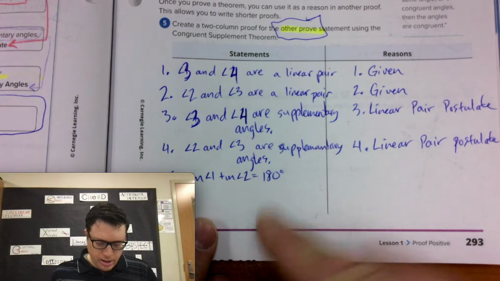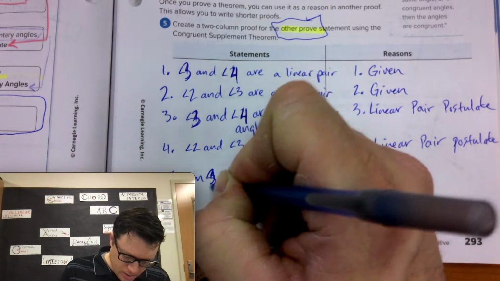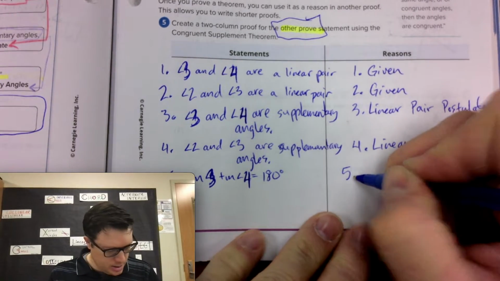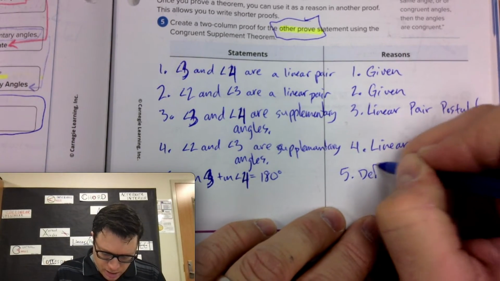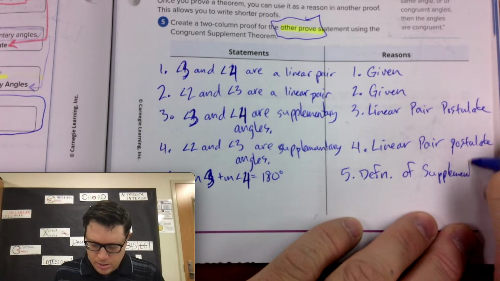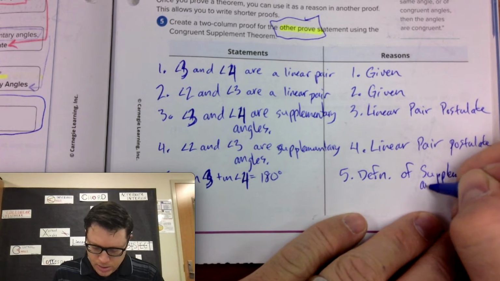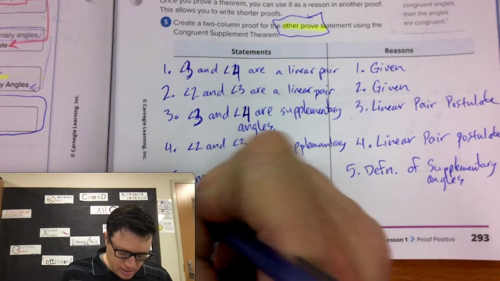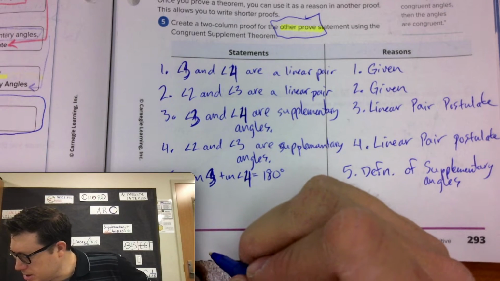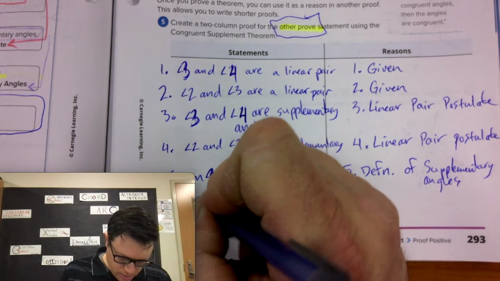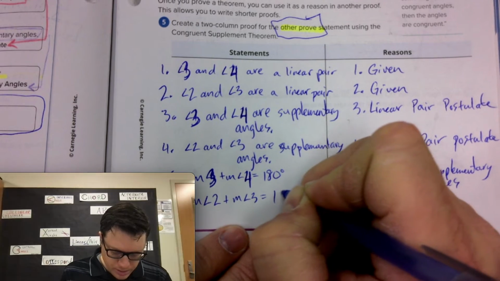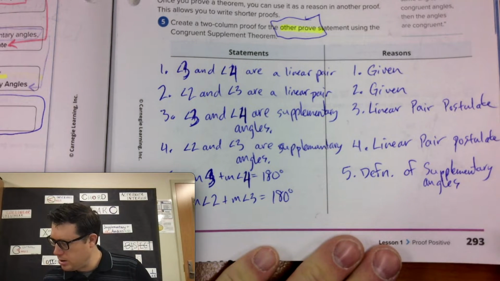Angles 3 and 4 are supplementary, and the reason, same reason, is definition of supplementary angles. Step 6 is the measure of angle 2 plus the measure of angle 3 equals 180.